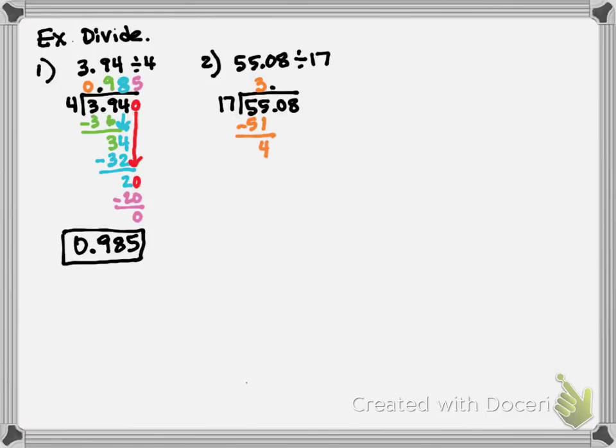So I bring down the next digit, which is a 0. And how many times can 17 go into 40? Well, 3 times was 51, so too much. So 2 times is 34. That will work. So we get 34, and we subtract, and we get 6 as the remainder.